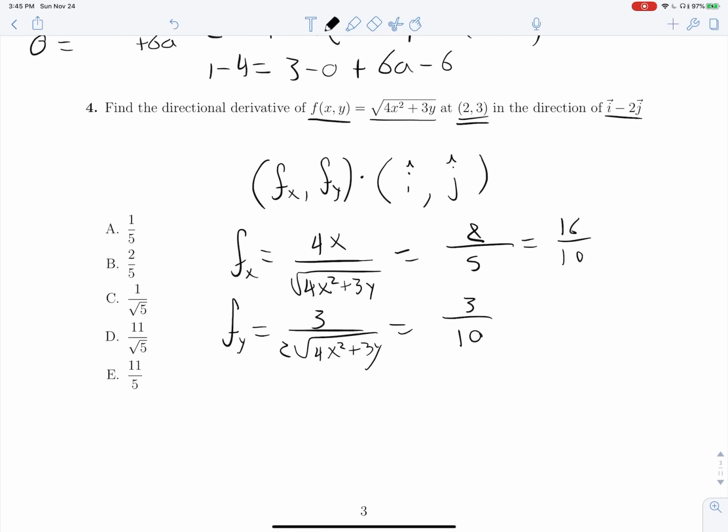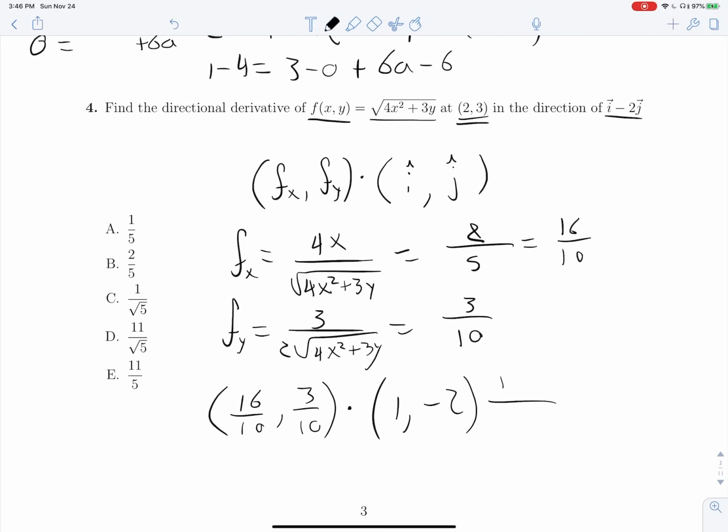So now we have our fx, fy vector, which is 16 over 10, comma 3 over 10, and this is, as we know, the direction of greatest ascent of our function. But we want our directional derivative, so we have to take a dot product with 1 comma negative 2, except we have to find the unit vector of this, which is just going to be dividing it by its magnitude, which is going to be 2 squared plus 1 squared, which is just going to be root 5.